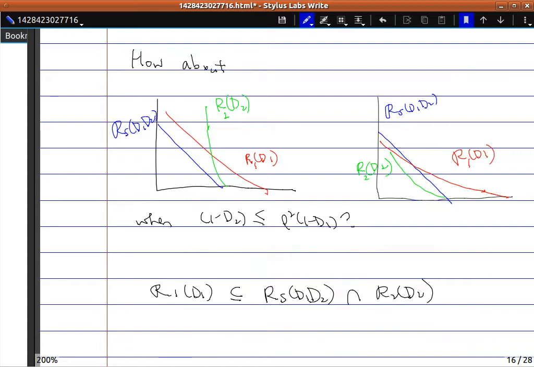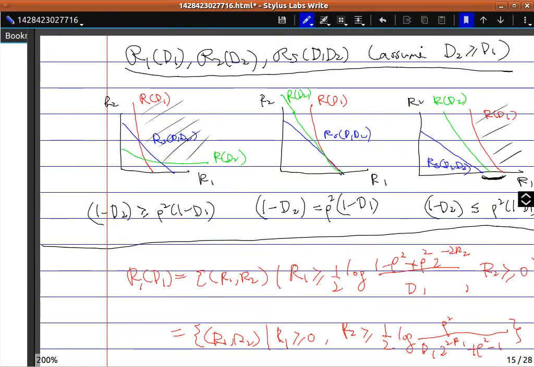So we argue that if we look at the intersection point here with the x-axis, then when we have 1 minus D2 less than rho square (1 minus D1), we expect that RD1 will be on the right-hand side of RD2, or something like this is inside R2 D2, I should say, and also RS D1 D2.